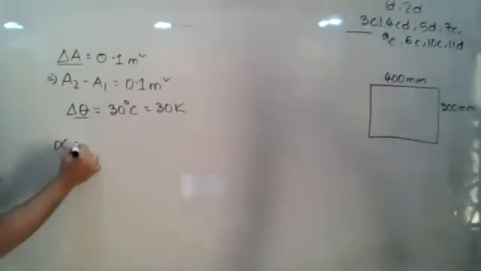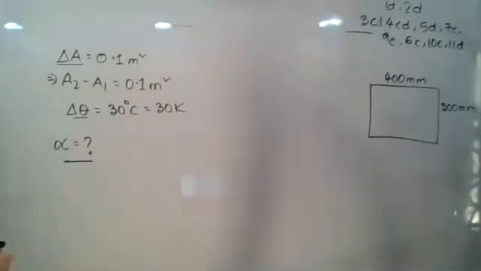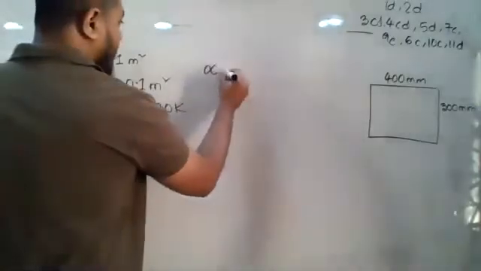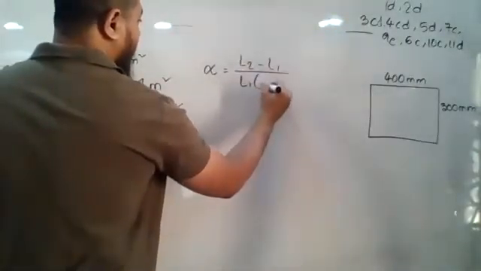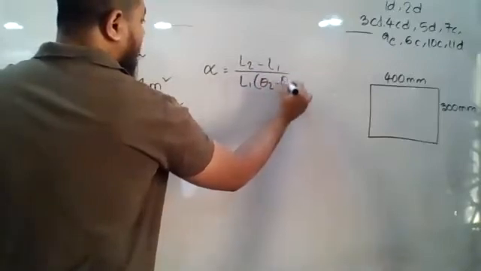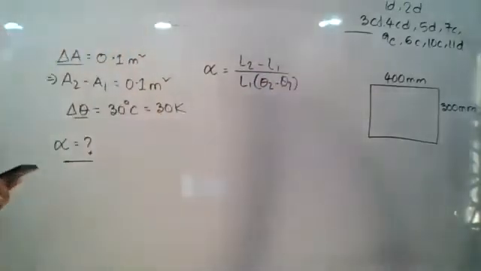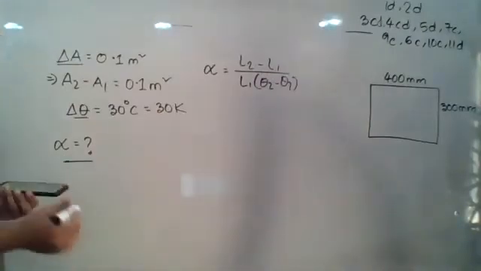That means we have to find alpha. Now, to calculate alpha, we need L2 minus L1 divided by L1 into theta 2 minus theta 1. This is the equation to calculate alpha. But we do not have any idea of the length, right?